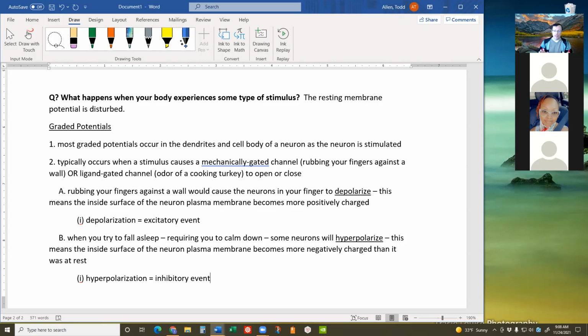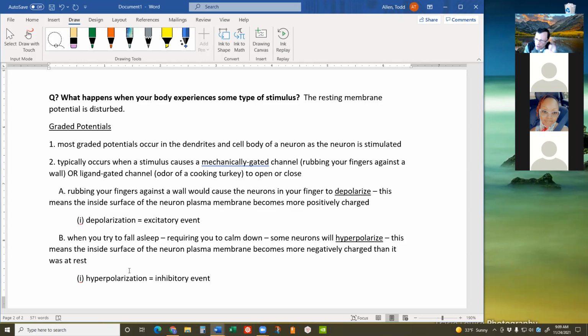Okay, so these are the two different types of graded potentials that you might encounter depending on the stimulus. While you're enjoying Thanksgiving dinner, the odors and flavors are going to generate depolarization events in the sensory machinery of your body, which is going to excite your nervous system, and you're going to say, oh, that's delicious turkey, just wonderful. But later on, after you've gorged yourself, you're going to stumble into the living room and sit down on the couch and probably want to take a nap.